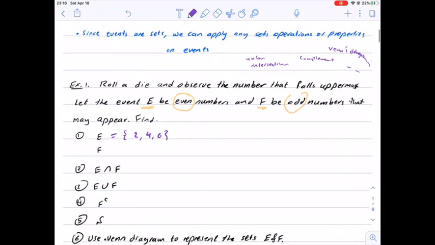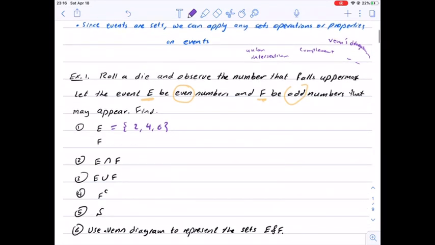The set E, evens, are 2, 4, and 6, because the whole sample space, if we want to determine the sample space, let's do part 5 here. The sample space is all possible outcomes of rolling a die. So the outcomes are 1, 2, 3, 4, 5, or 6.